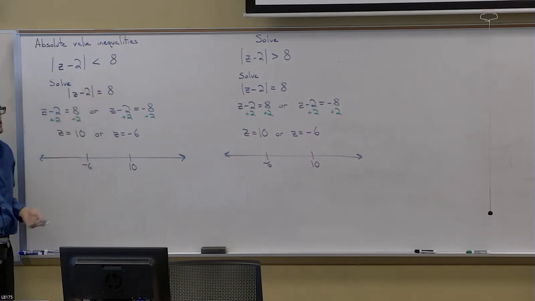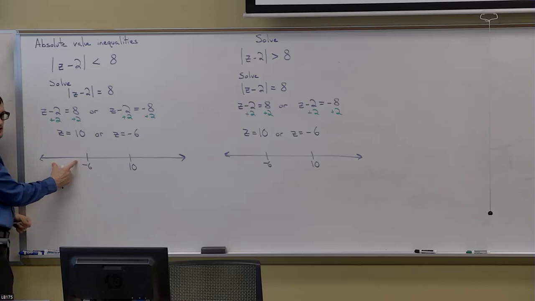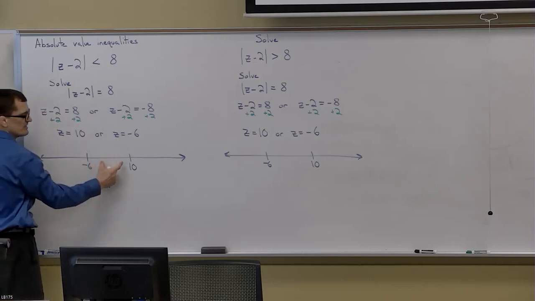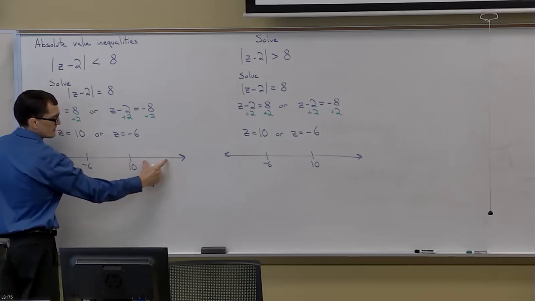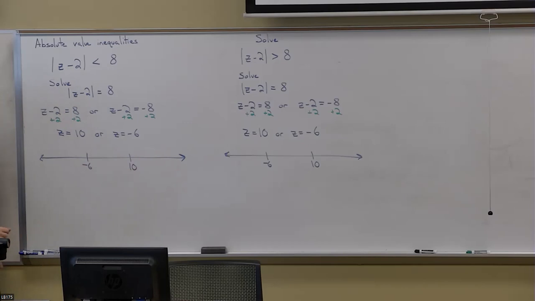So all numbers in this section are either going to all work or all not work in this original equation. All of the numbers in this section are either going to work or not work. And all of the numbers in this section are either going to work or not work.